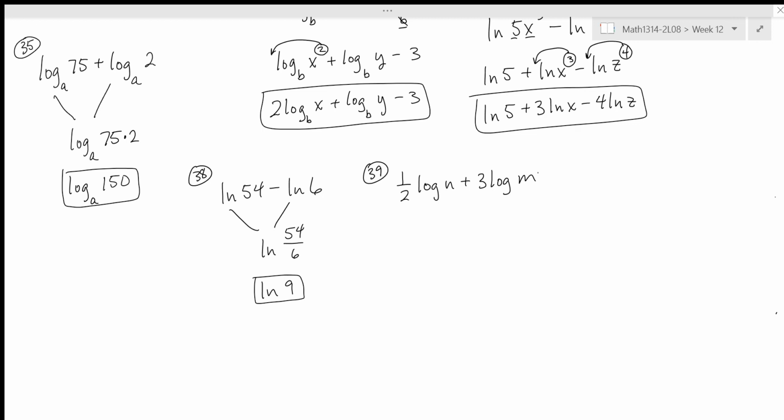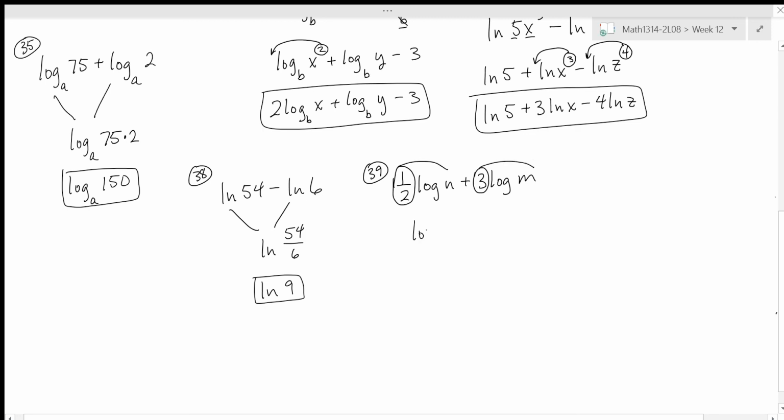Now, what I want you to notice about this problem, did you notice not only do we have the plus in between the logs, did you notice we also have coefficients? The 3 and the 1/2, and that's going to be the power rule, right? Normally the exponents go down to the front, but when you're condensing, the numbers in front become powers, and that has to happen first. So if you have numbers in front of your logs, you've got to make them become exponents again.